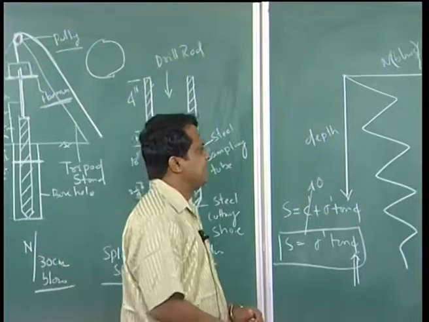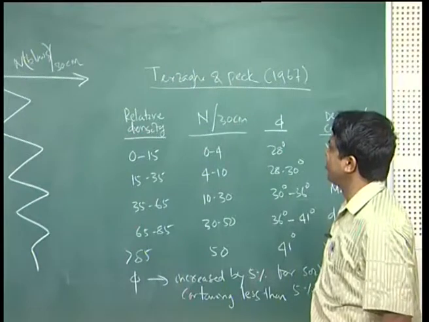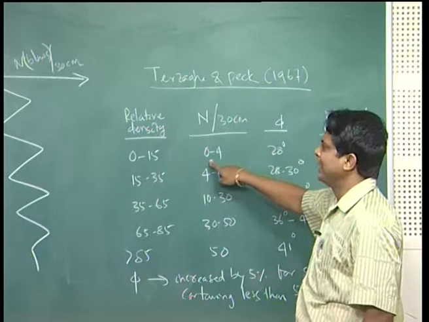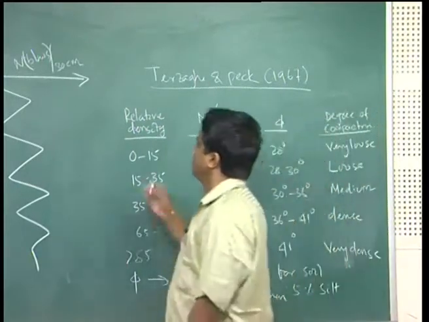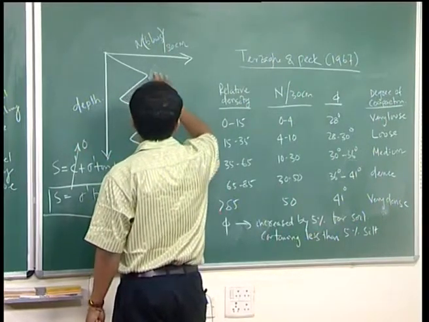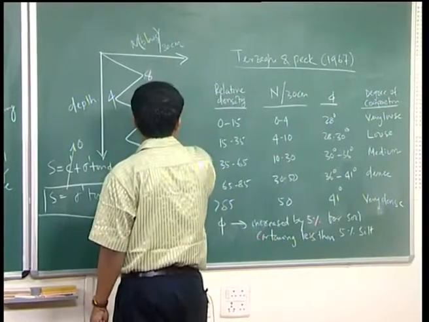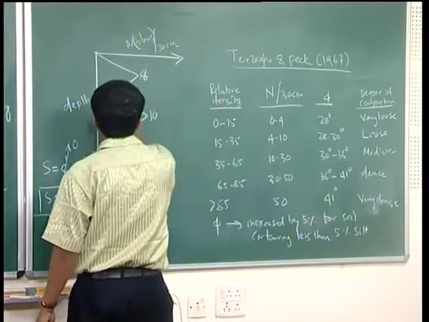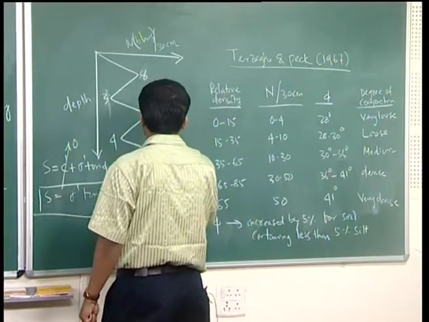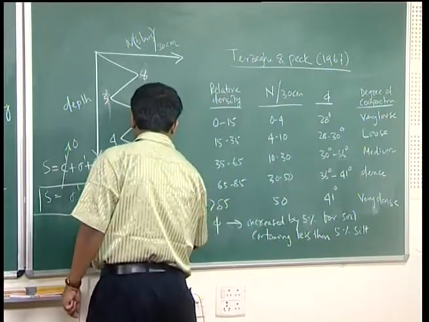Terzaghi and Peck, 1967, have given that for a relative density of 0 to 15, the N value will vary from 0 to 4. For this particular case, let us write typical values of N: 4, 8, 10, 9, 4, 8, 7.